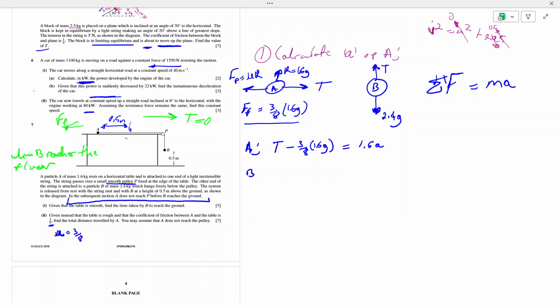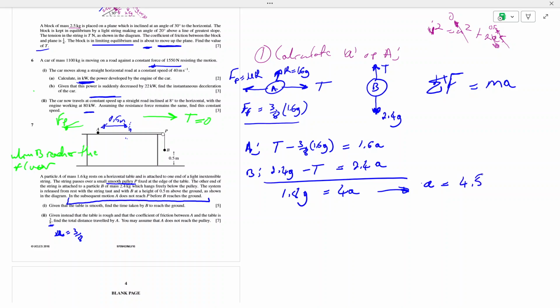Then for B, 2.4 g minus T is equal to 2.4 a. Then I'm going to add those two, and I'm going to get 1.8 g on this side equal to 4a. Ultimately, the acceleration is going to be equal to 4.5 meters per second squared. Right, there we go.